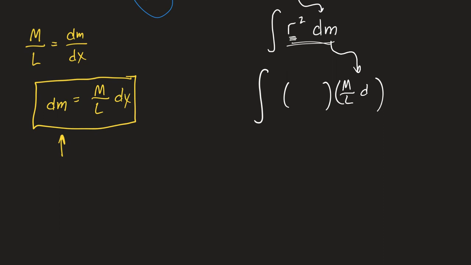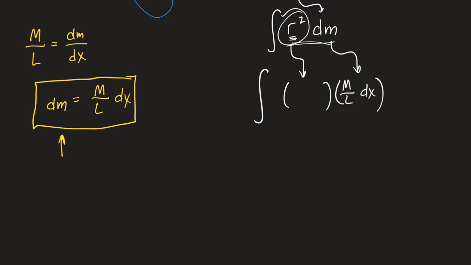That's going to be m over L dx. We have to put in our variable that we are using to point at each mass. So we're pointing at each mass using x.